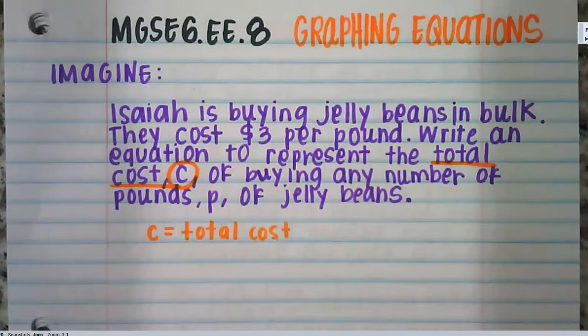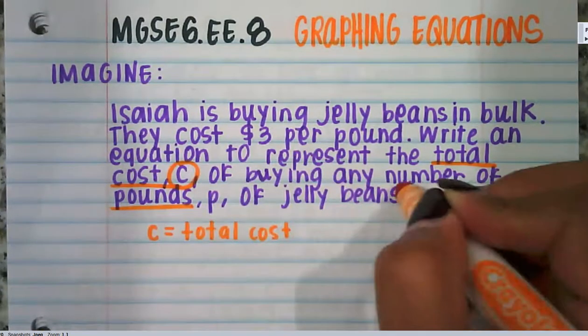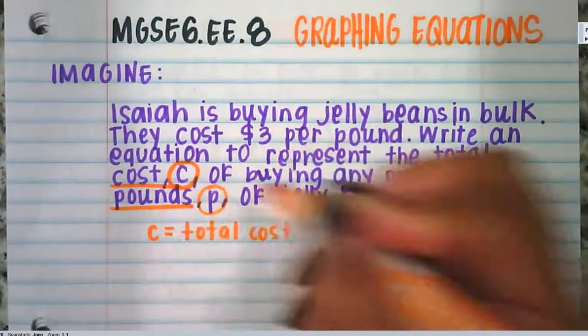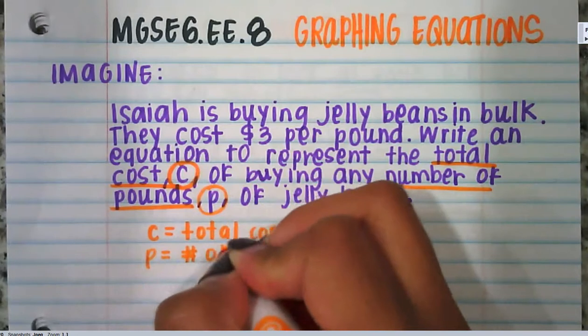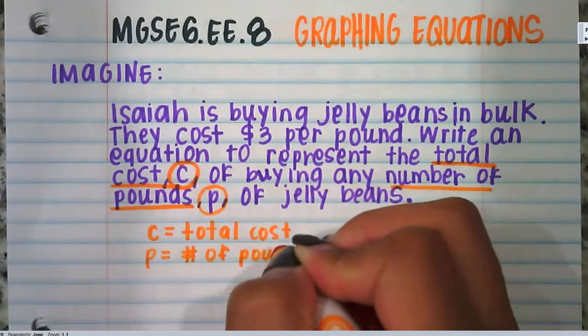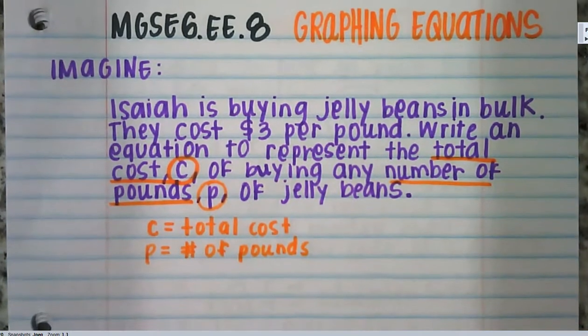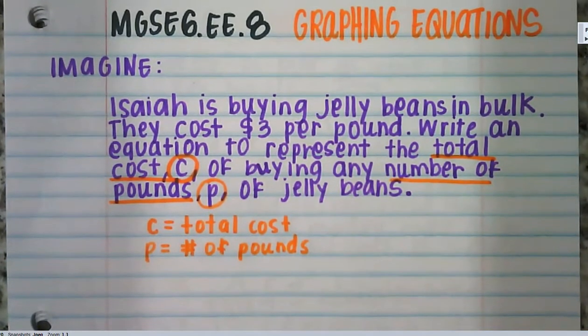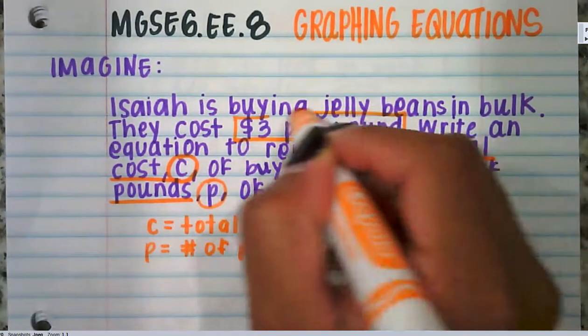Then we also have P, the number of pounds. So total cost, number of pounds. And we also saw that it's $3 per pound.